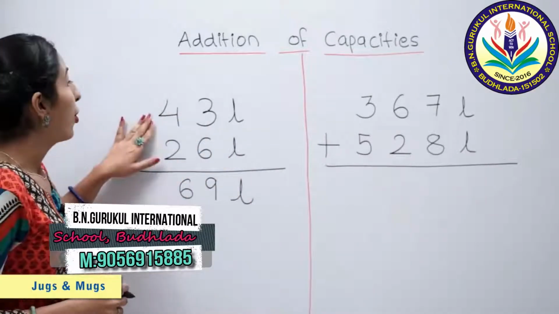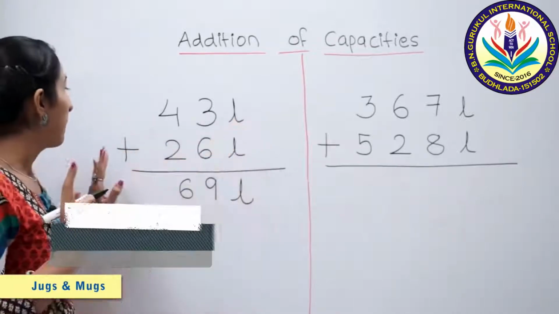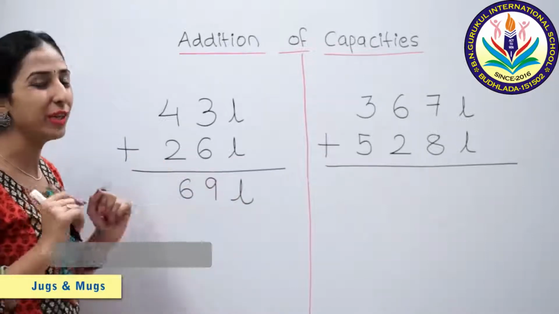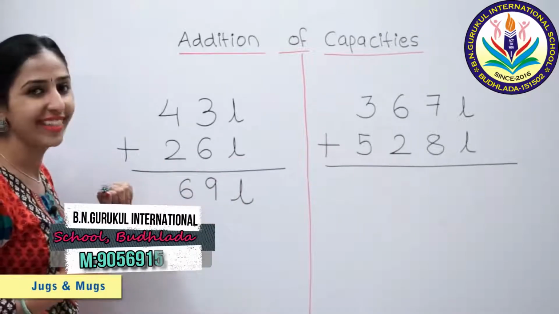So, 43 liters plus 26 liters is equal to 69 liters.